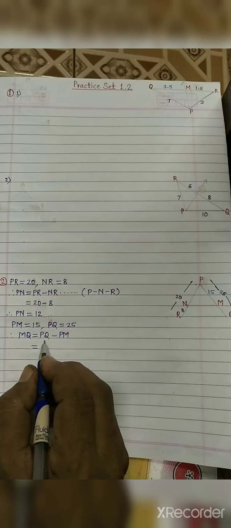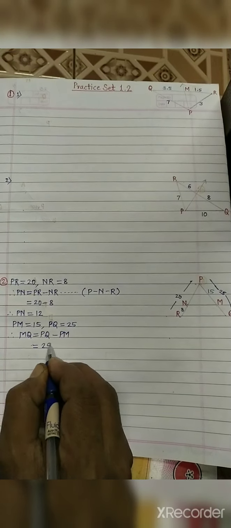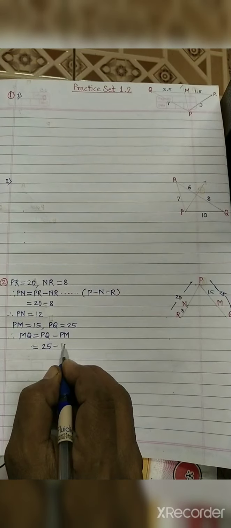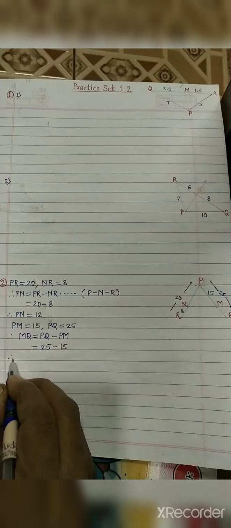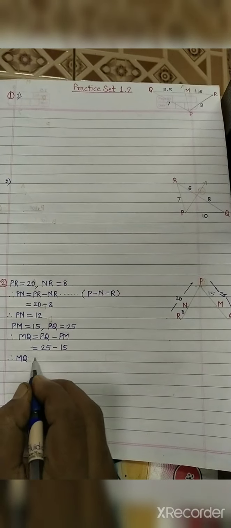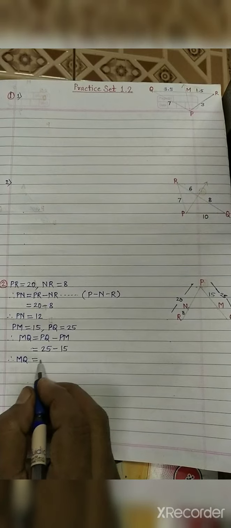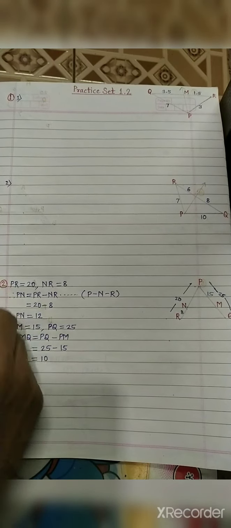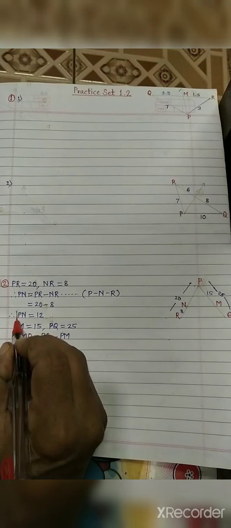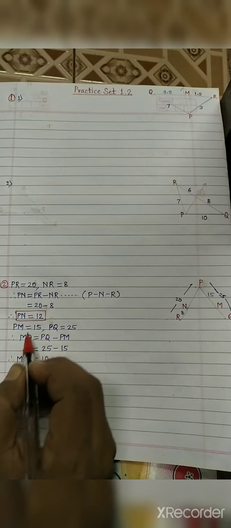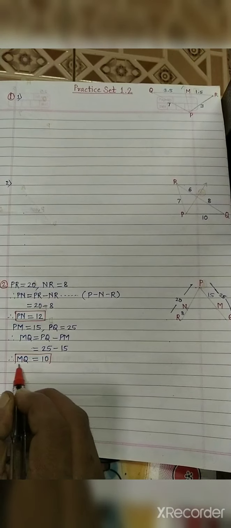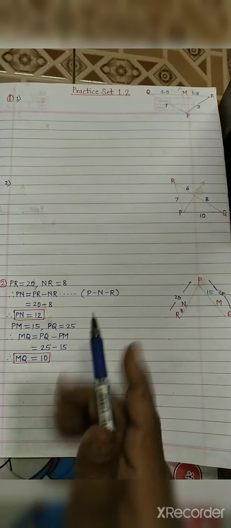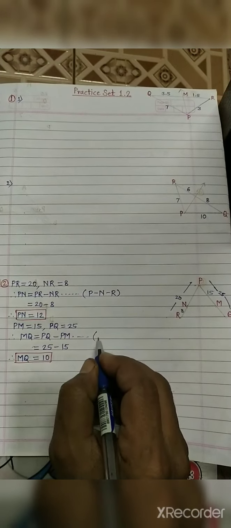So MQ is equal to PQ, means 25, minus PM. PM is 15. So MQ is equal to 25 minus 15, which is 10. So here PN is equal to 12 and MQ is equal to 10. Okay, here the reason is PMQ.